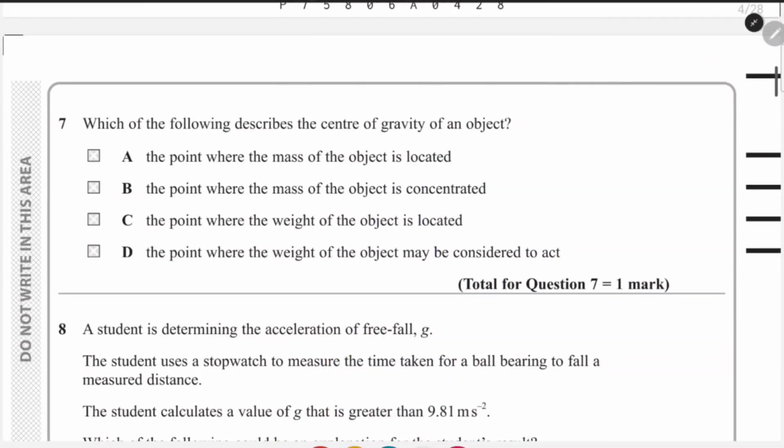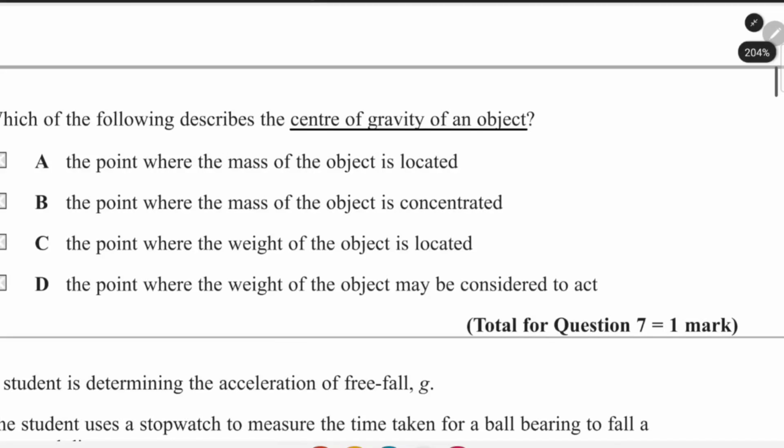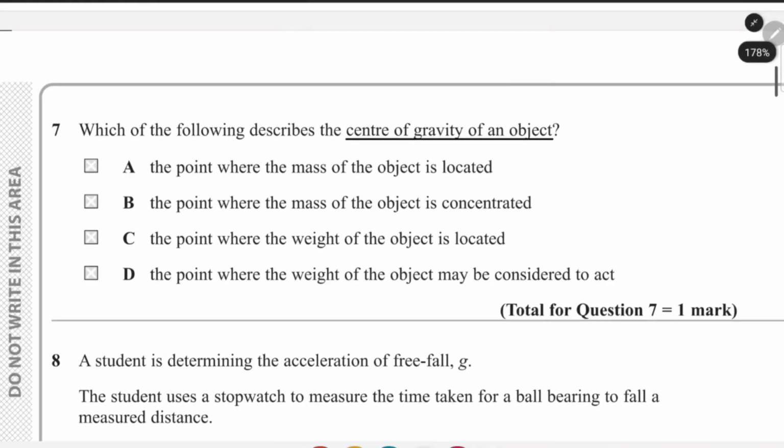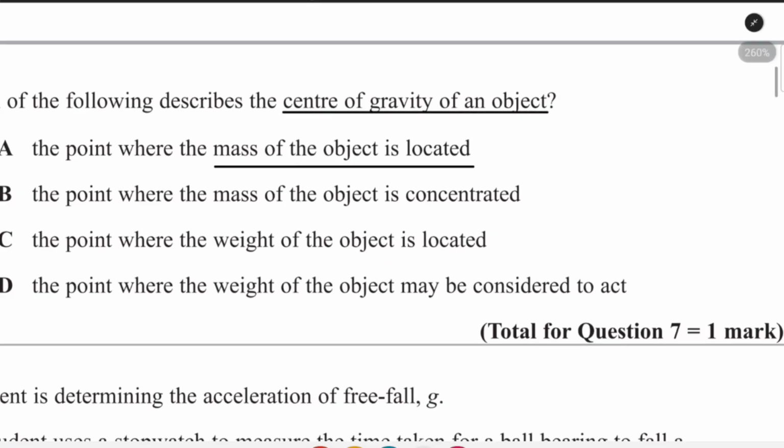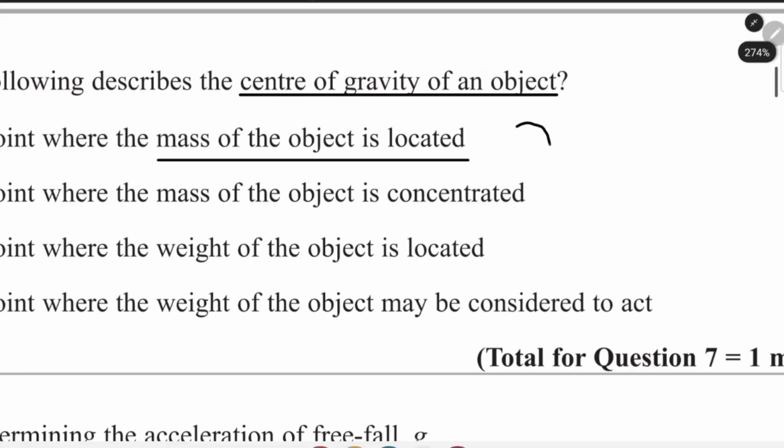Now moving to question 7, we have to describe the center of gravity of an object. If you look through the options, option A says that it's where the mass of the object is located. That's not the case. Every part of the object has a mass, but it may be considered to act through the point of center of gravity.